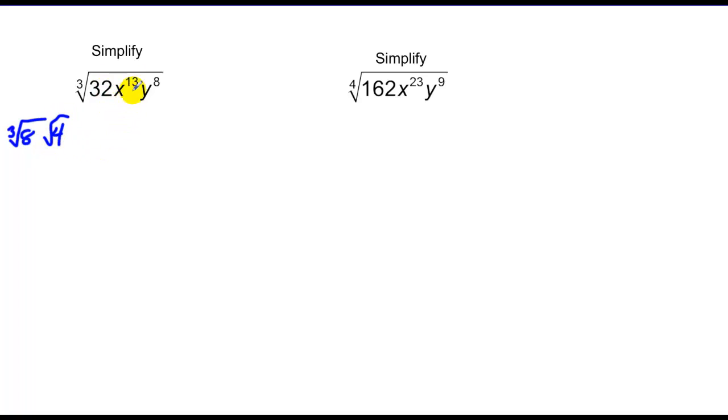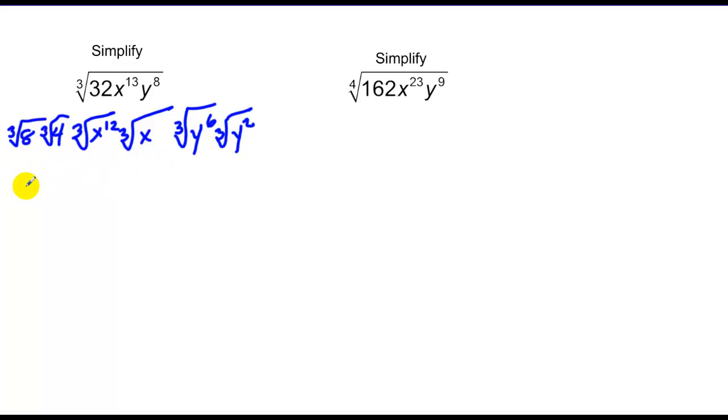Now my biggest perfect cube in x to the 13th is x to the 12th, leaving me with an x. And then our biggest perfect cube in y to the 8th is y to the 6th, leaving me with y squared.